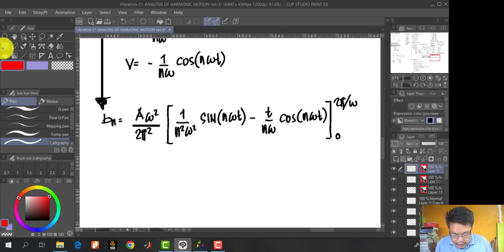So from here, we can substitute these values into the value of t and this one and this one. Okay. So let's try to do that one.